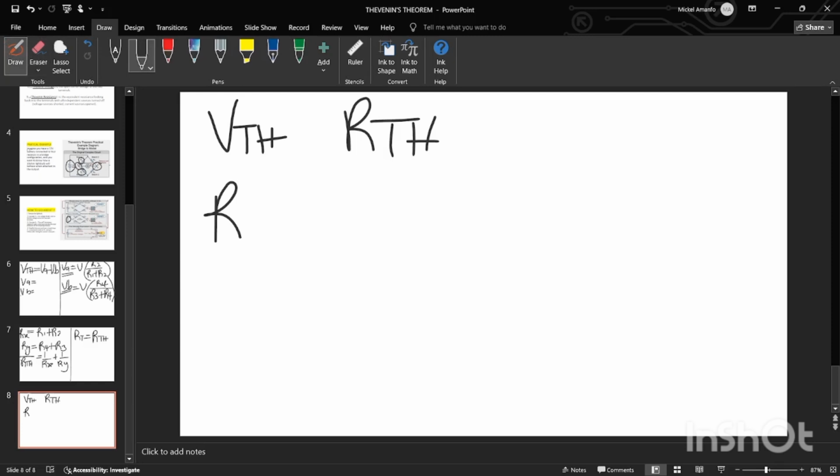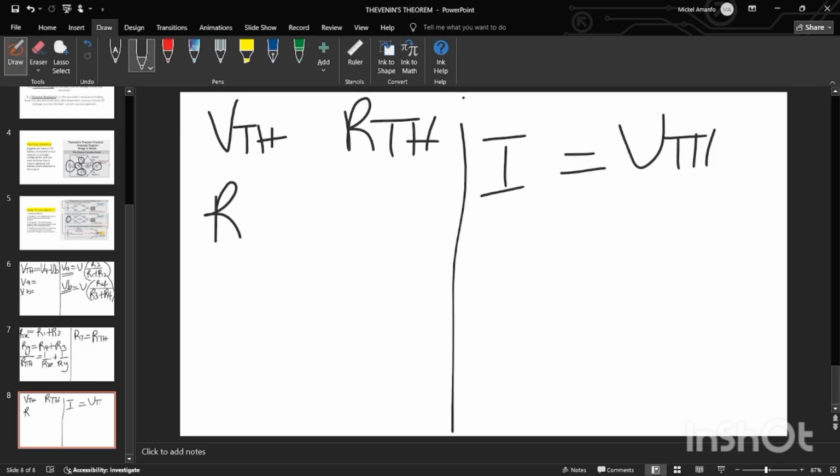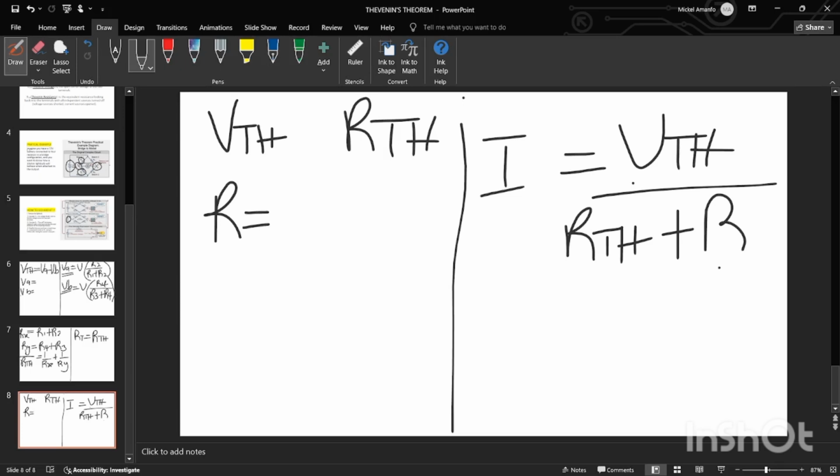To find the current, it's V of TH all over R of TH added to R, where R becomes the resistance of the bulb.